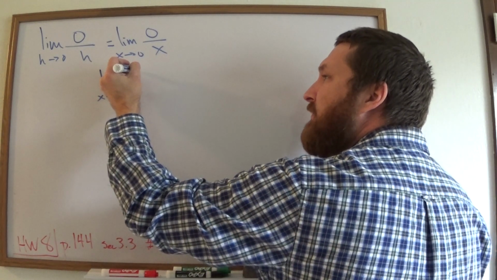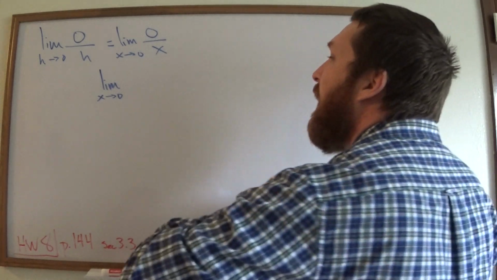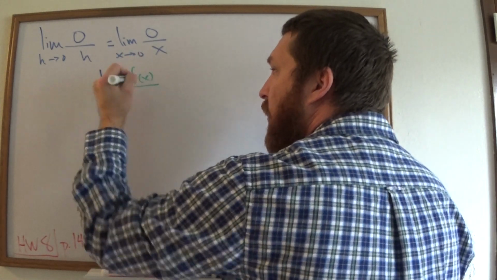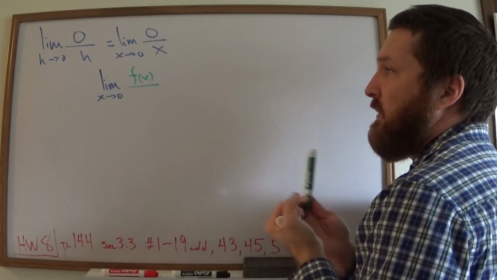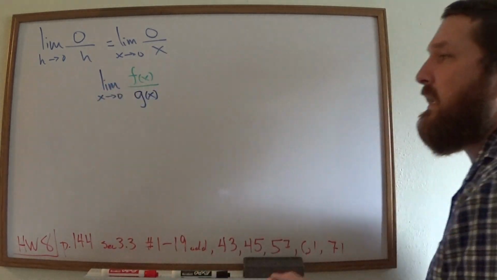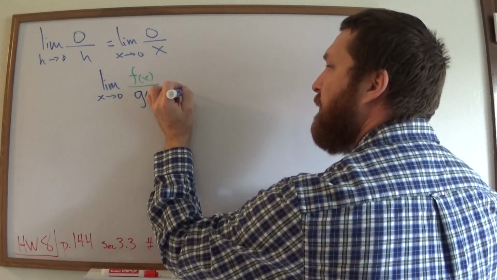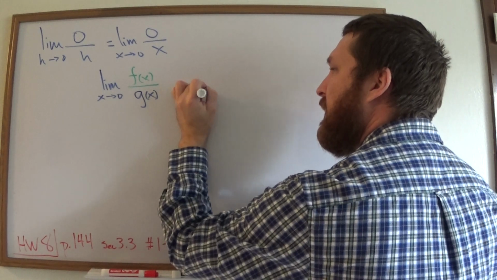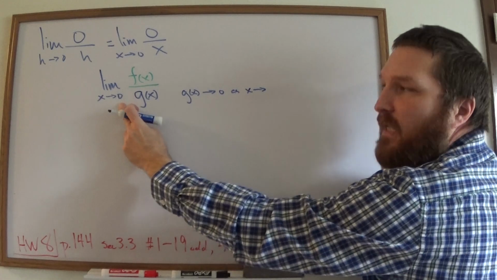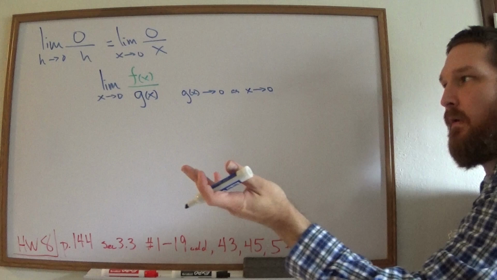We could always think about this as the limit of a ratio of 2 functions, where you have some function f of x over some other function, call it g of x. And suppose that g goes to 0 as x goes to whatever it happens to be. It could be a, but just to make my life easier, I'm going to say 0.